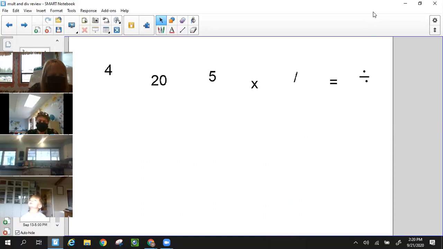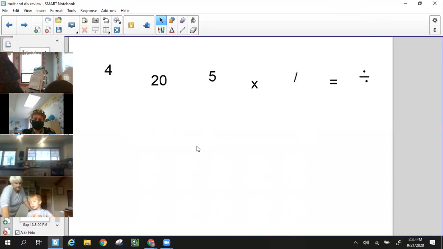And then let's see on your board, what are the 2 multiplication equations you could create using 4, 20, and 5? Where would the factors go? Where would the product go? So I'm looking at my kiddos here. Go ahead and say it. And I'm going to show you what they wrote.